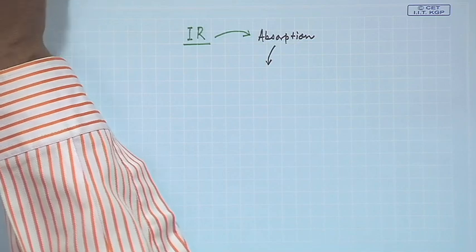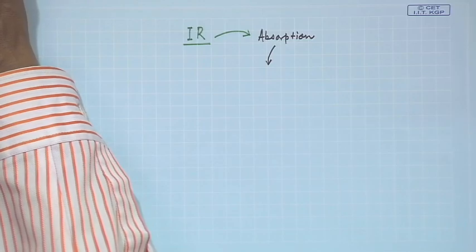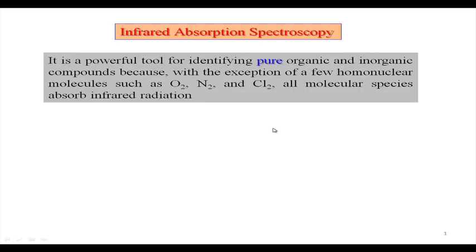So, this is definitely a very useful and powerful tool to identify pure organic and inorganic compounds. With the exception of a few homonuclear molecules such as O2, N2 and Cl2, which do not have any permanent dipole moment, we will not be able to detect gases like oxygen, nitrogen and chlorine, but all other molecular species will absorb infrared radiation.